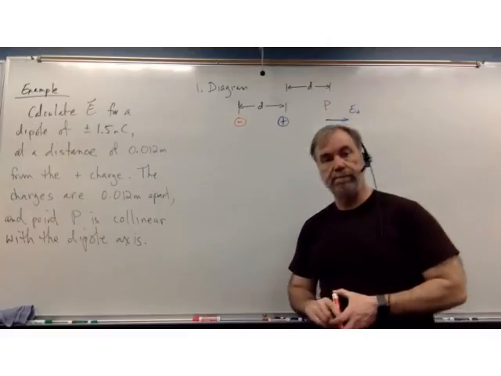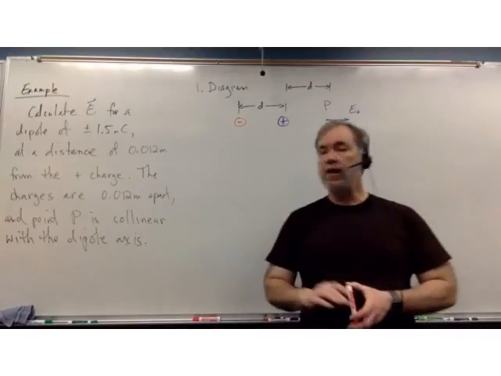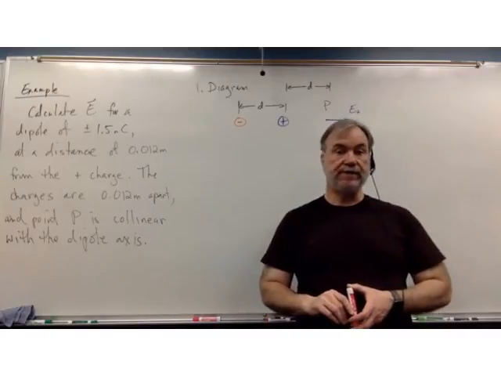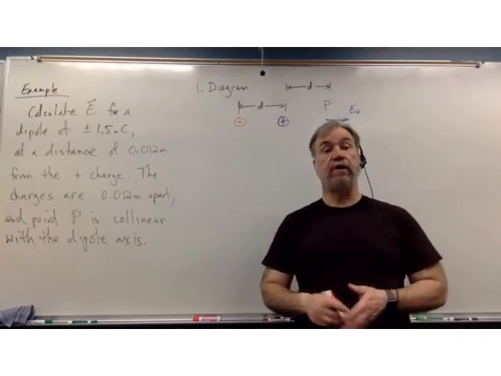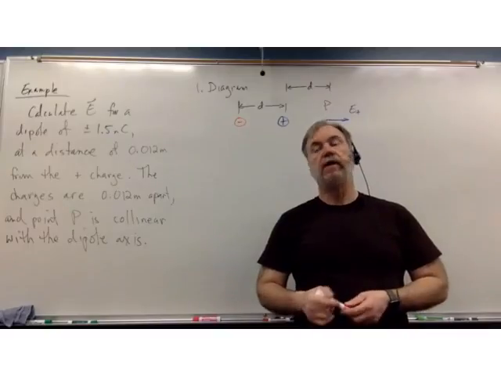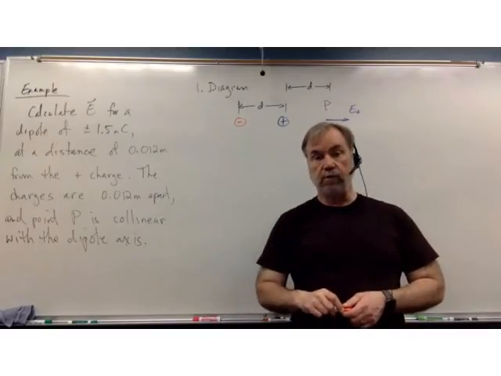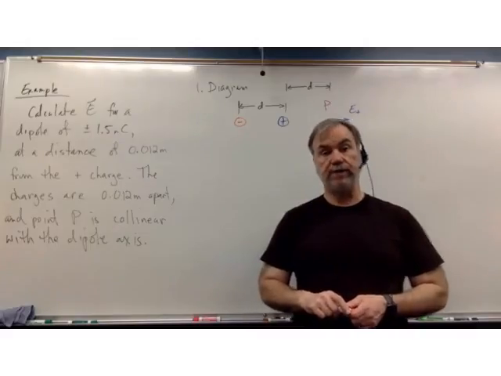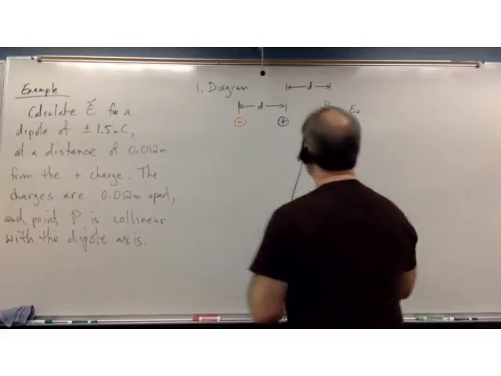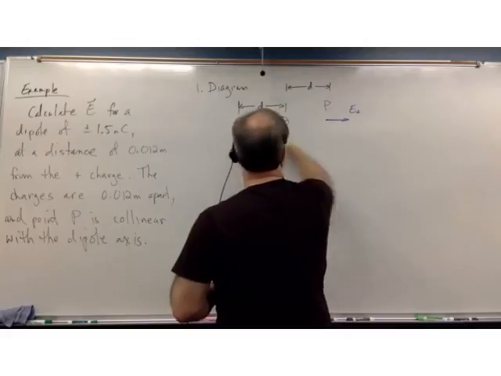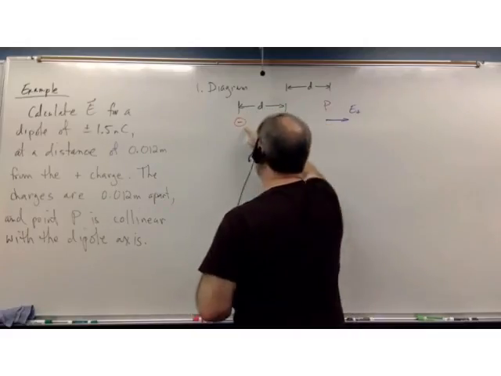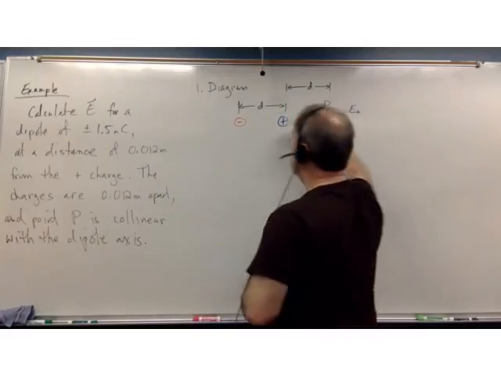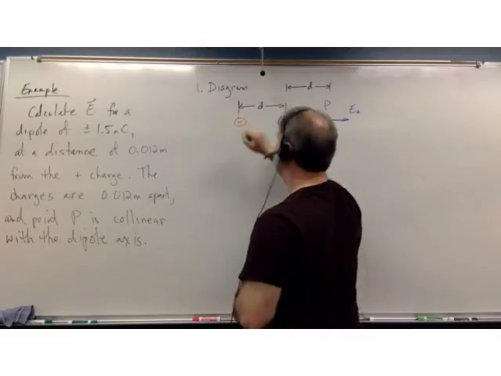Now, by the way, so far I haven't given you any reason for these choices of directions. I just told you what they are and said, suck it up. In the next recording, I will talk about the reason for these directions. But for now, the electric field at the point P due to the negative charge is going to point directly toward the negative charge.